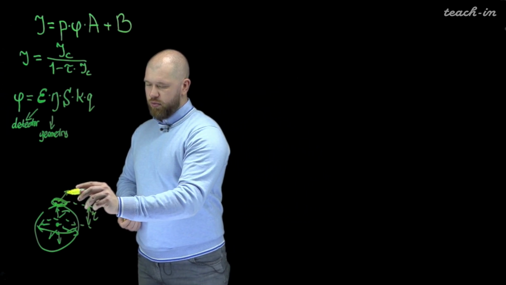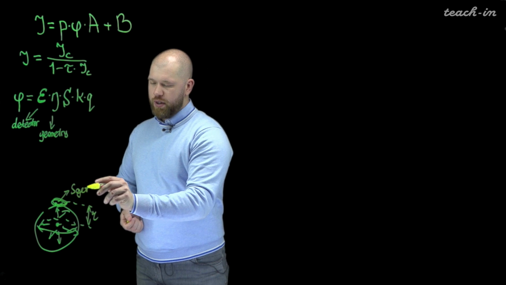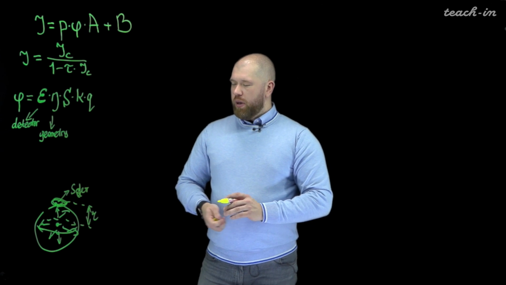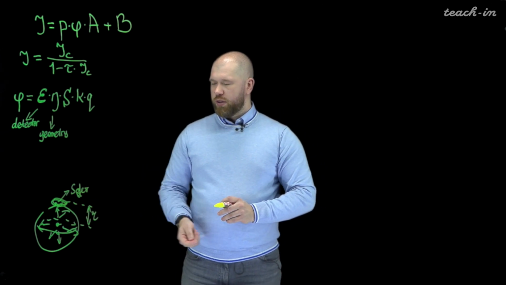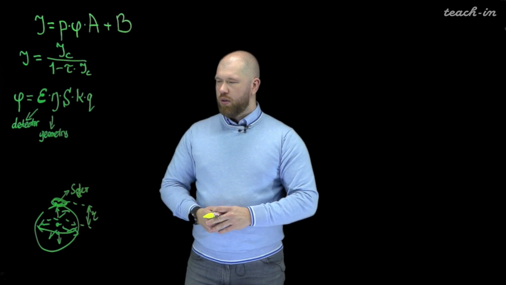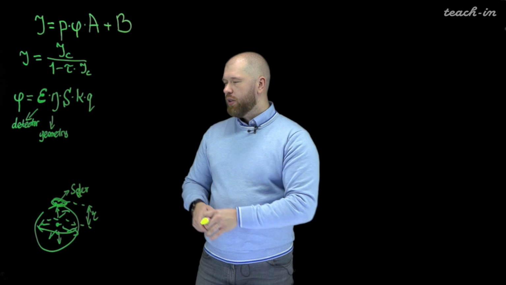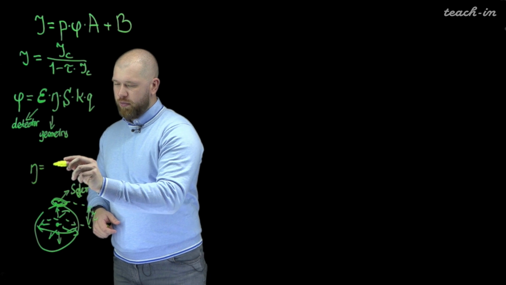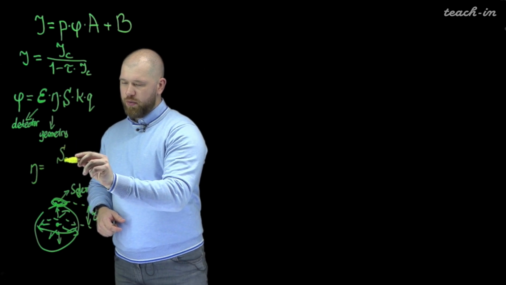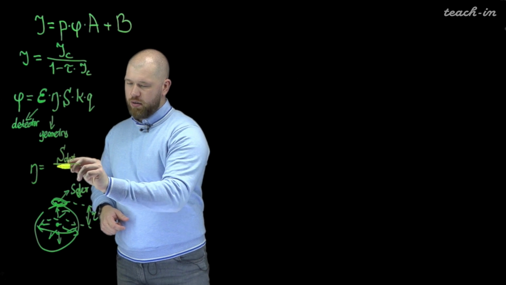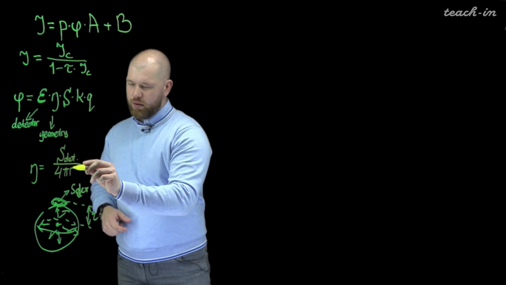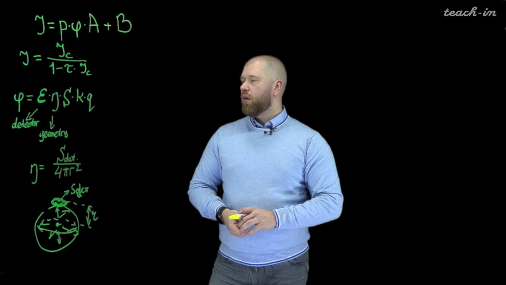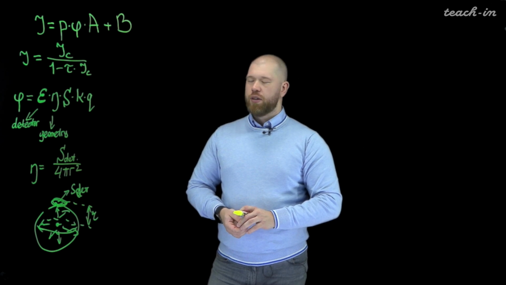Let's say we know the area of the detector. If we know the distance between the source and the detector, and we know the area of this window of the detector, then we can simply calculate this parameter as a ratio of the area of the detector and the surface area of the sphere. So it will be our geometric parameter in the simple case.